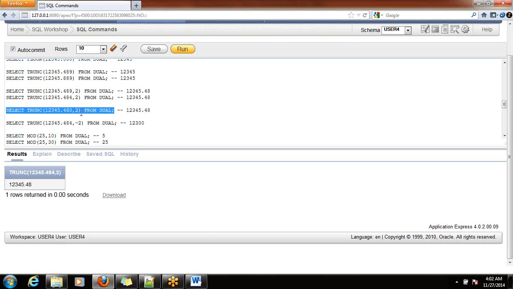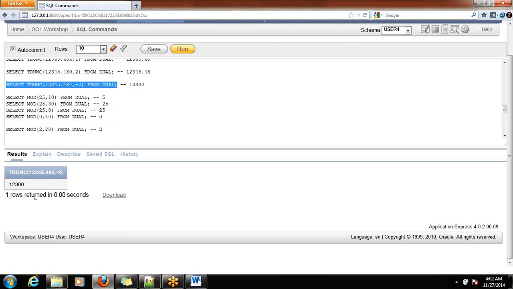Look there, 480 I give, and I mentioned 2 as the second argument. It just gives 48. And here I deliberately give -2, a negative value. It will show 0, of course, 2 zeros added, because it's minus.